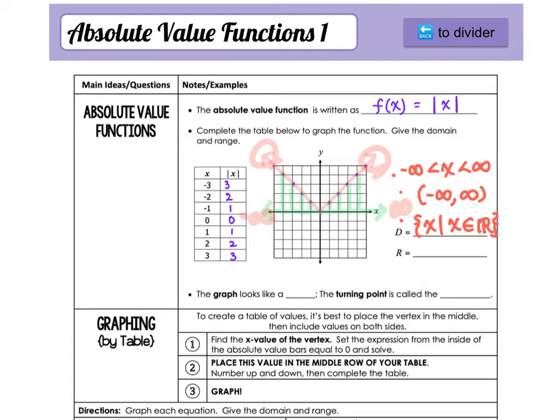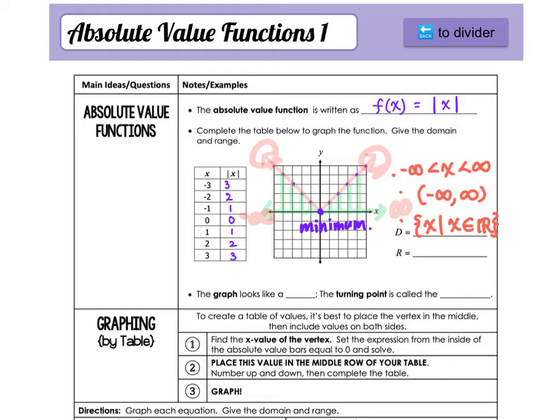However, you gotta be careful with range, especially for the absolute value function. Looking at the vertex right here, the vertex is (0, 0), and that is also the minimum. What does that mean? That is the lowest value of f of x, which is a y value.